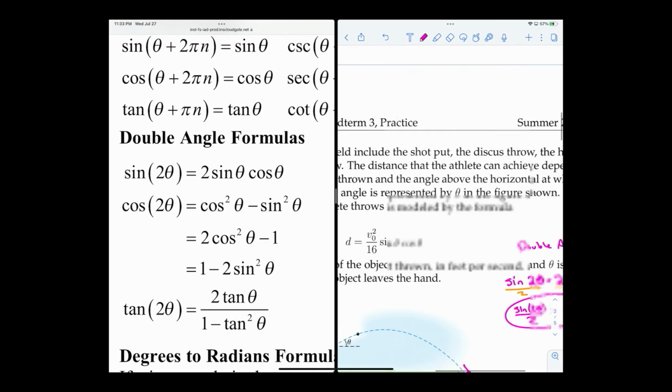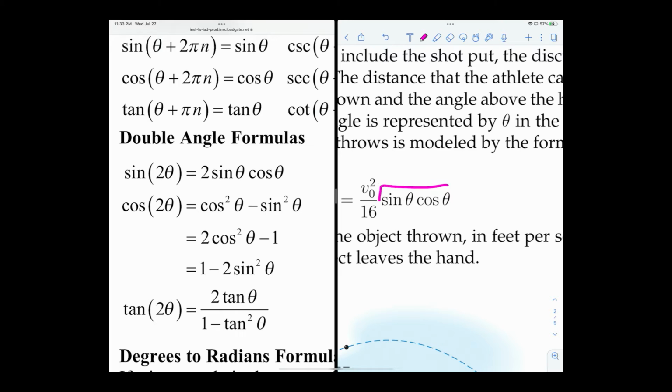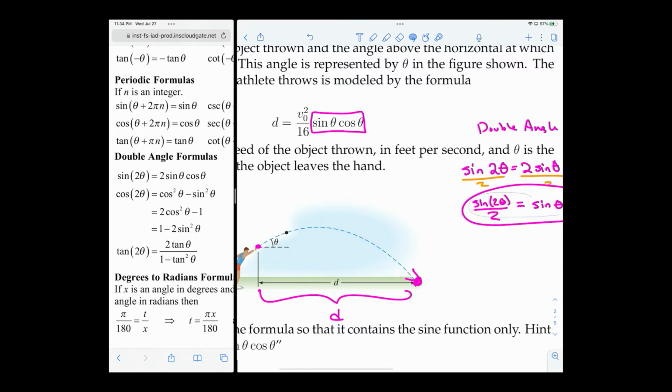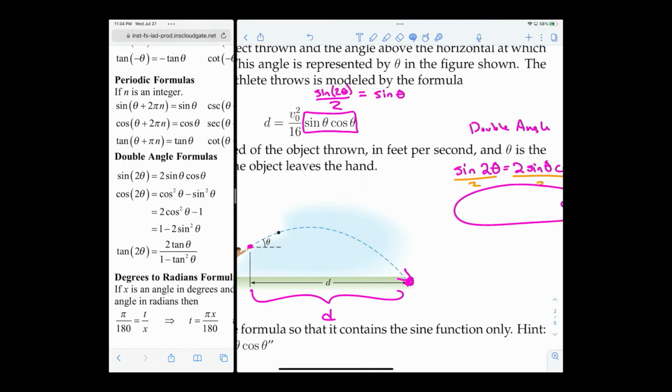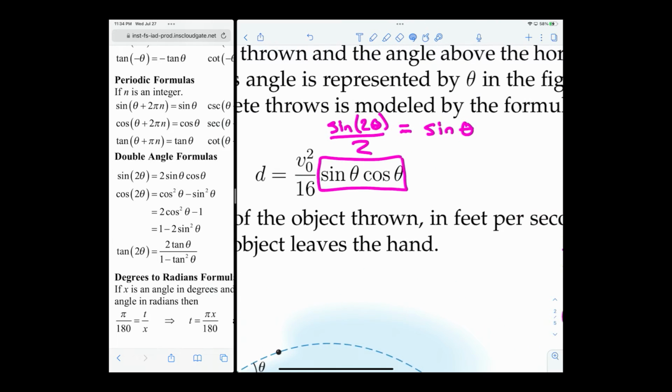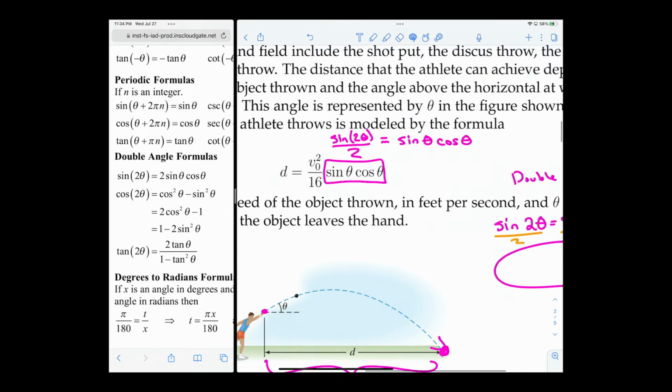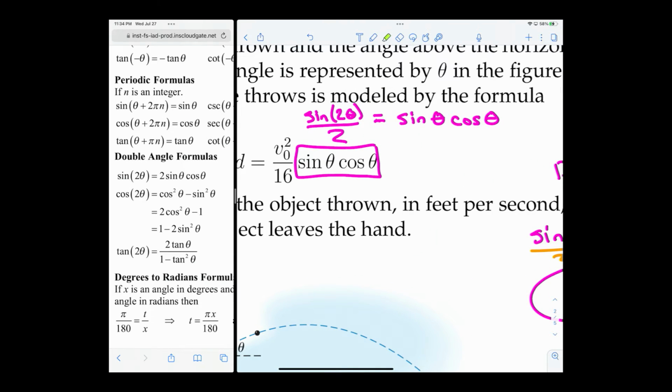But then, if you look at this, we have a sine theta cosine theta right here, right? So if you just use this little identity here, this right here matches this right here, so we should just be able to replace it with sine 2 theta over 2 and write V naught squared over 16.